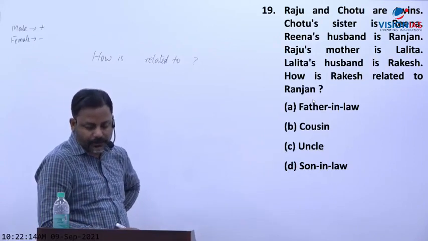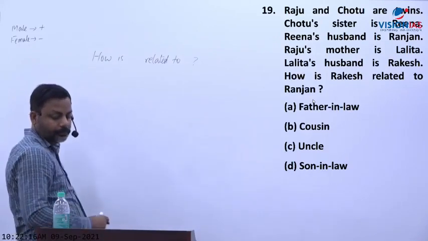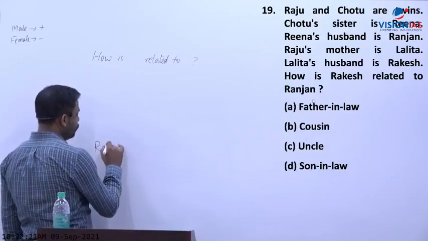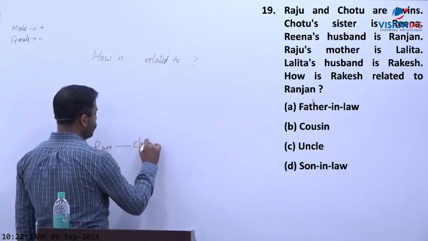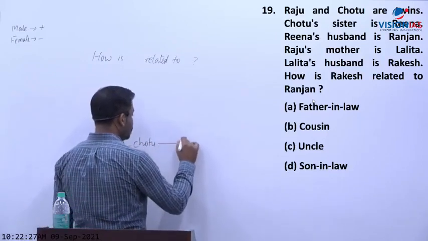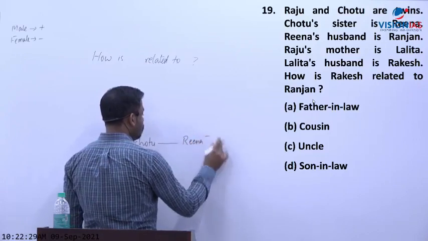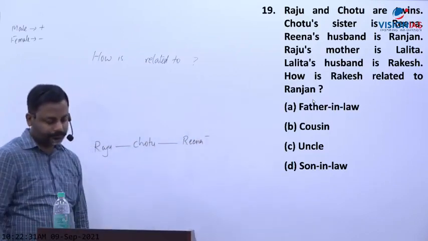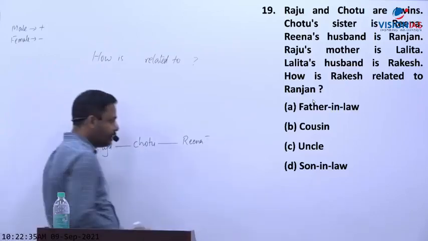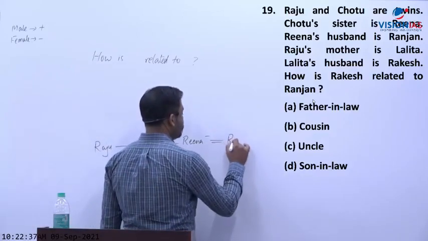Since Raju and Chotu are twins, Chotu's sister is Reena. So this person is Raju and this is Chotu. These two are twins and Chotu's sister is Reena. Reena's husband is Ranjan.